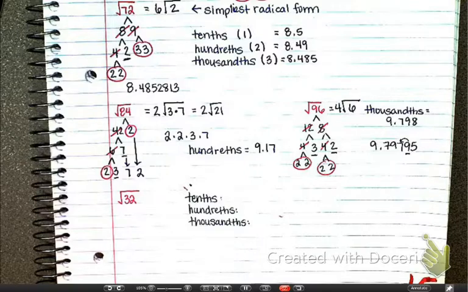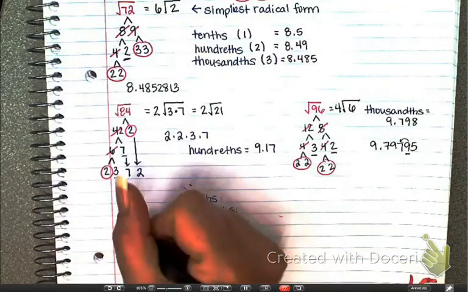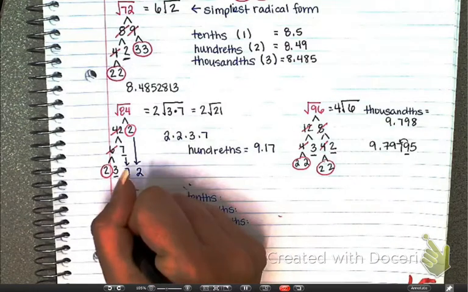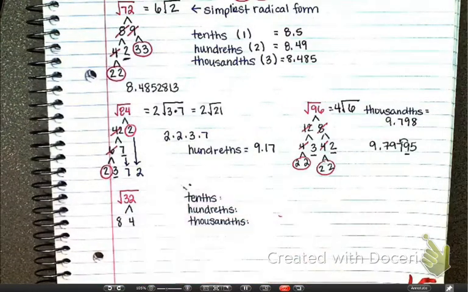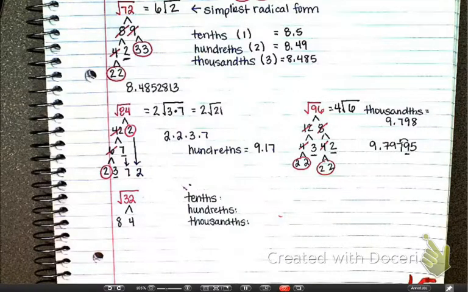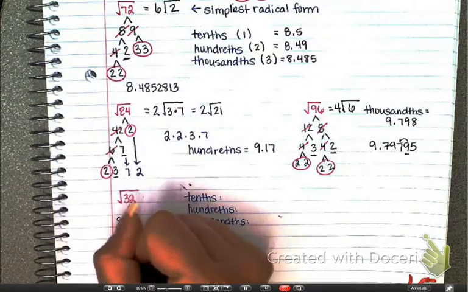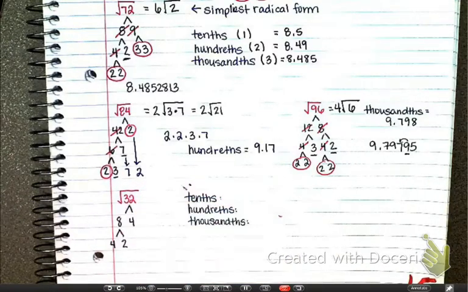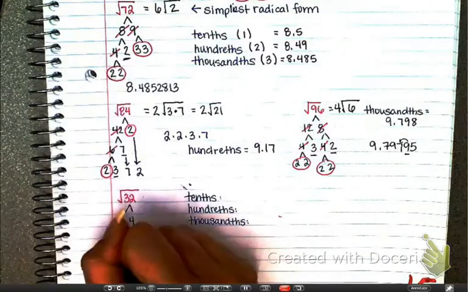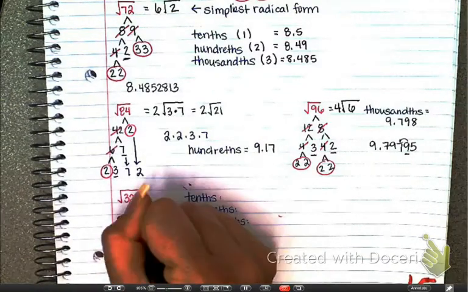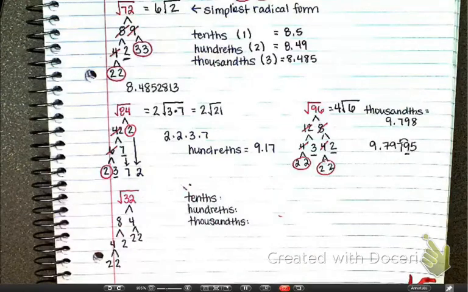What can I multiply to get 32? I'm going to break it down. 8 and 4. Okay? Or 16 and 2. That one's fine also. I'm going to keep breaking things down, and I get 4 and 2. Did anyone stop there, or did you keep going? You kept going? Okay. 2 and 2 and 2 and 2, right?